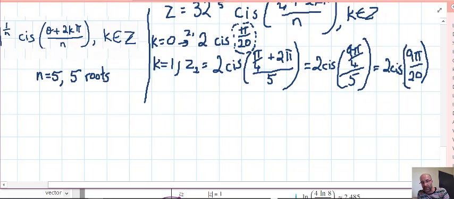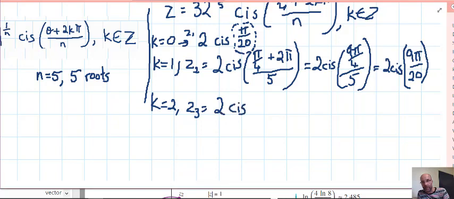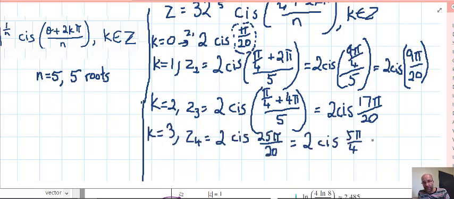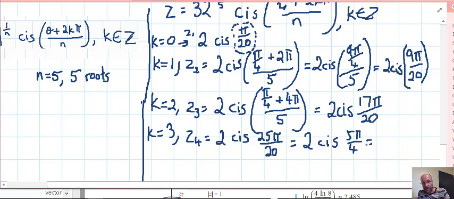I'll just put that one in brackets just so you can see it there. It's a little bit congested there on the side. K equals 2 gives us the third root. So 2 cis 17 pi on 20. Okay, now that one simplifies to 2 cis 5 pi on 4.